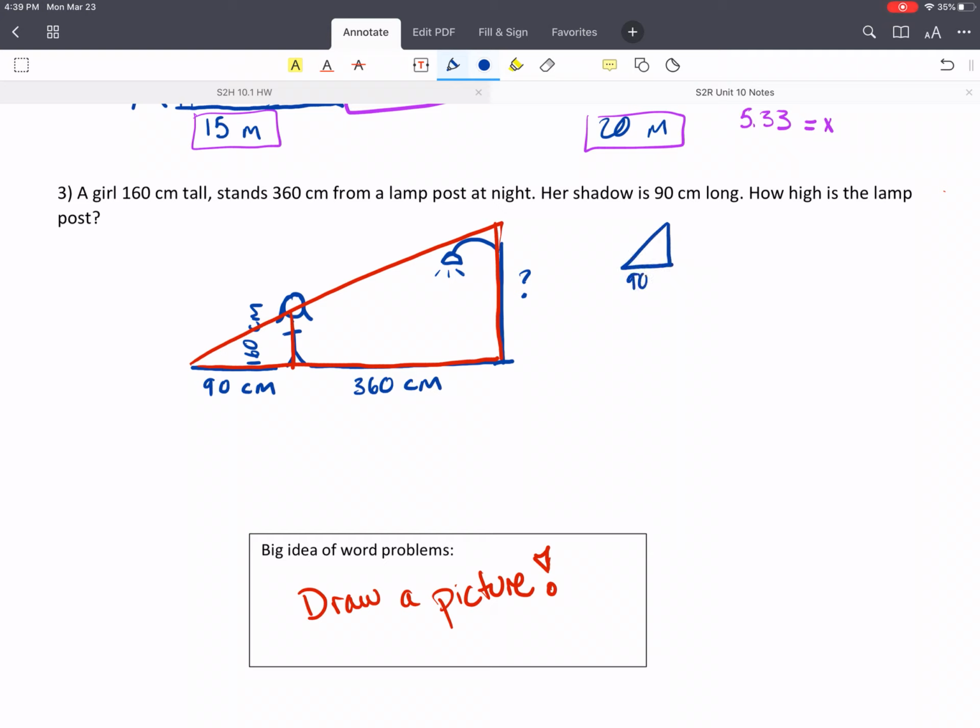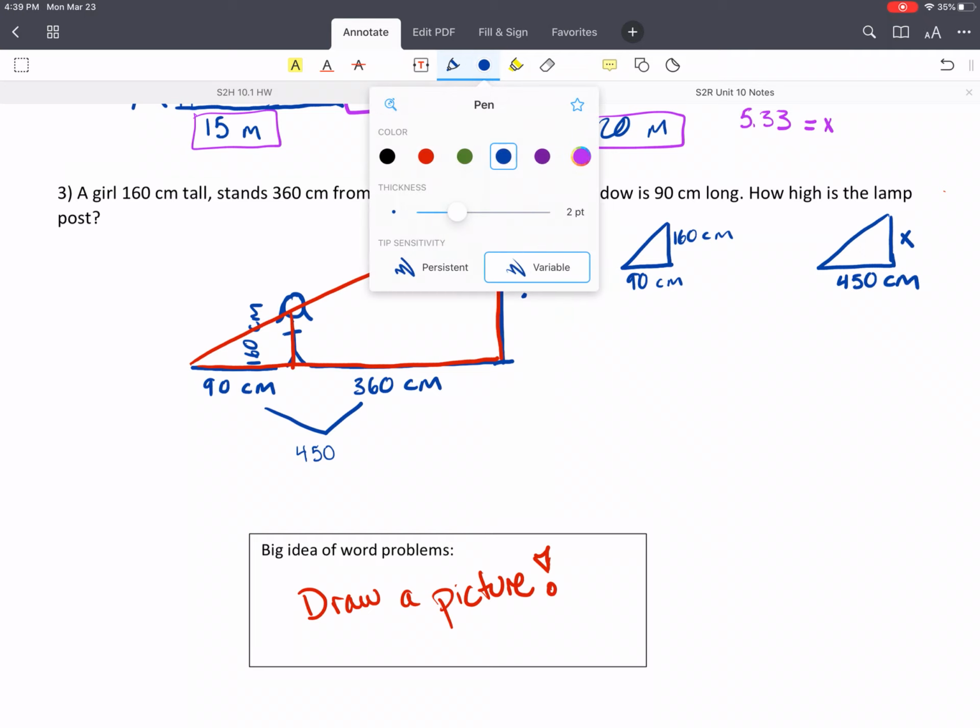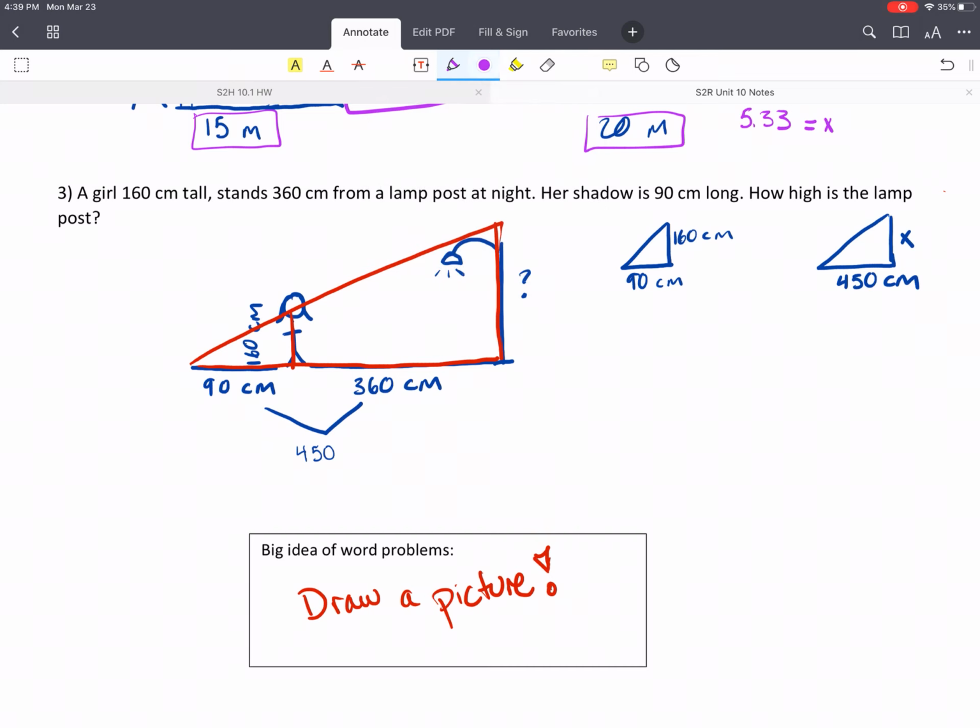I have 90 centimeters and 160. And then for my big one, I'm trying to find this height. Well, to get the big one, I have to add the 90 and the 360, which would come together to be 450. And now I can do the same thing. If you can see the scale factor, by all means go ahead and use the scale factor. Or if you want to set up a proportion, you can.